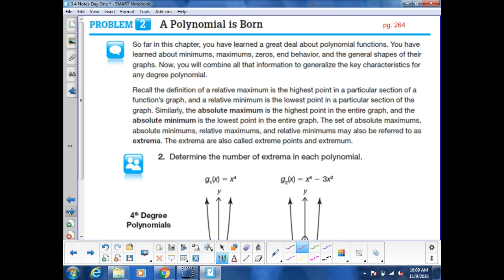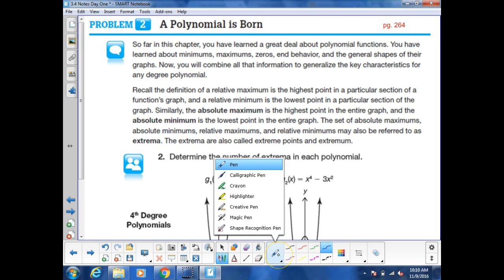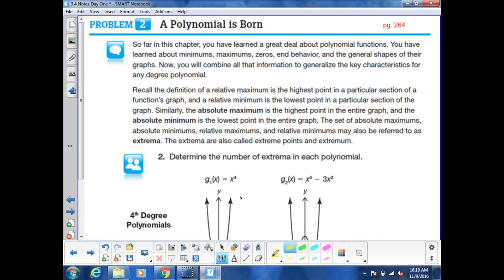The only thing that I want to talk about on page 264 is in that little section right there. And I am actually going to use what I like to call a highlighter. Recall that the definition of a relative maximum is the highest point in a particular section.